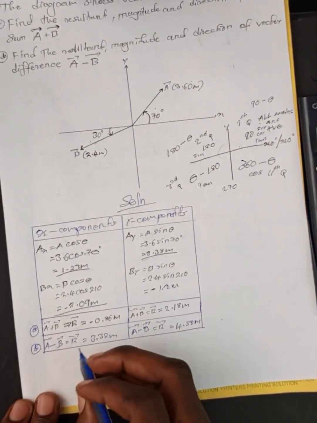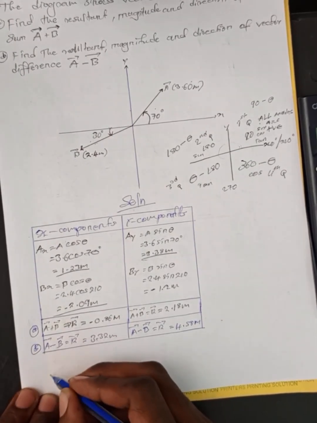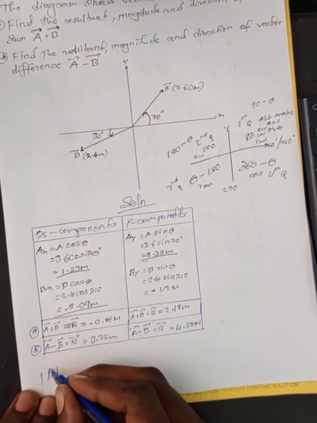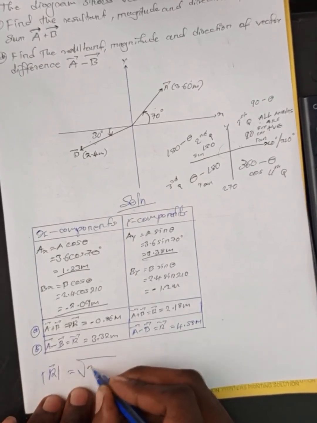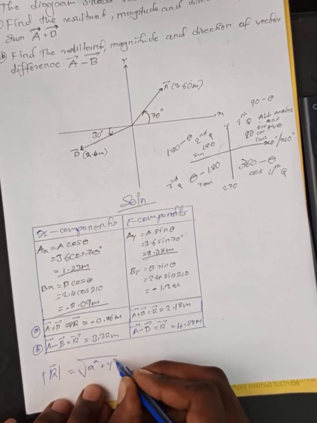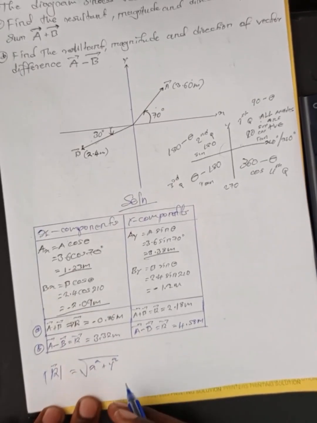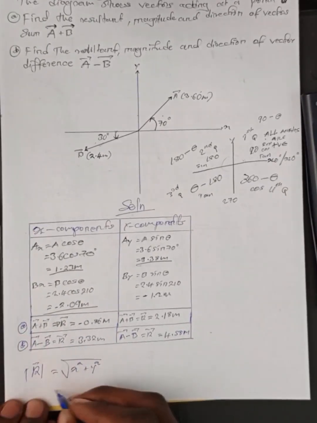So here we have remained with the magnitude. So magnitude of the resultant vector is equal to the square root of x squared plus y squared. Okay, so meaning that we use the Pythagoras theorem formula.